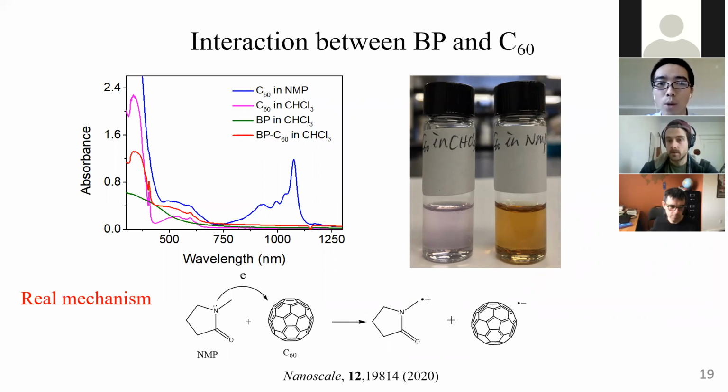We only use NMP to liquid exfoliate the BP and then change to chloroform. NMP is not good for the LB sampling, and it's also not good for the stability. There's a radical chemical reaction. Okay, I see. Thank you very much.